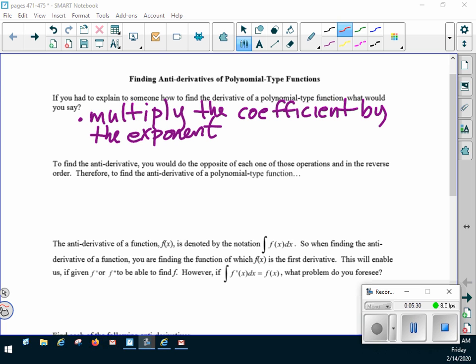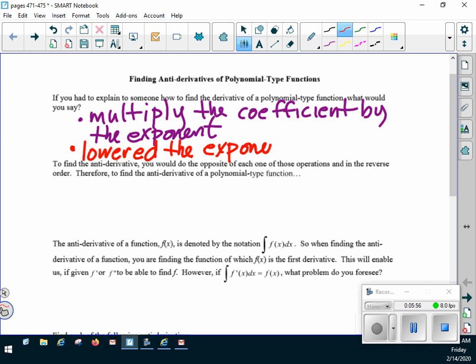Learners, what did you do after that? Diminished. Ooh, can I just use a simpler word, like lowered, subtracted, lowered, squandered? Great vocabulary, Evan. Lowered the exponent.